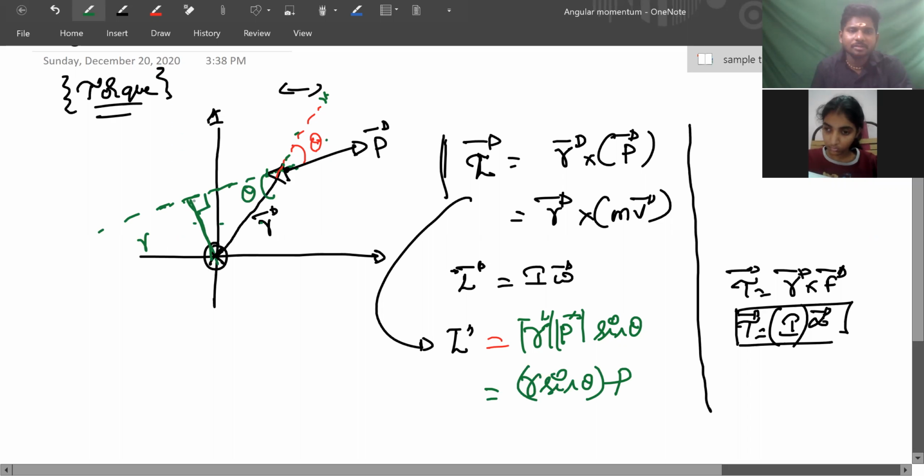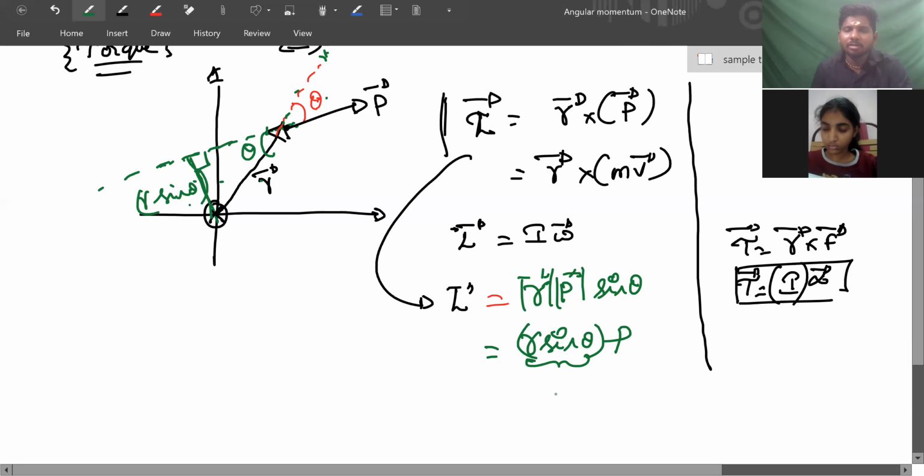r sin theta into p. That is, r sin theta is the perpendicular distance of the momentum vector from the point about which you have to find the angular momentum. You can write it as r perpendicular into p. This is also called the moment arm, like in force and torque, the lever arm or moment arm.